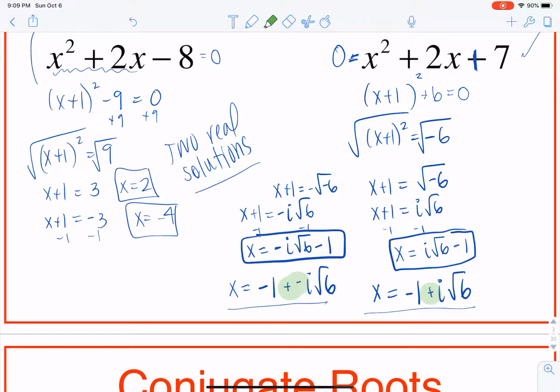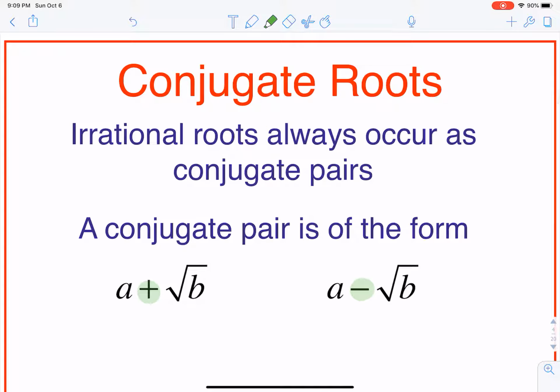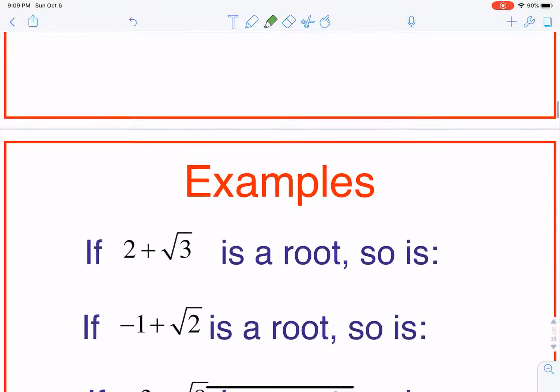And where that comes from is when I take the square root, just like over here, I have 3 and negative 3. When I take the square root of 9, I have the positive piece and the negative piece. So we're still following the same rules of a square root as we were before, but now we're talking about it as a complex or imaginary number.